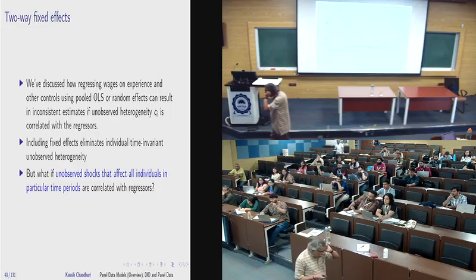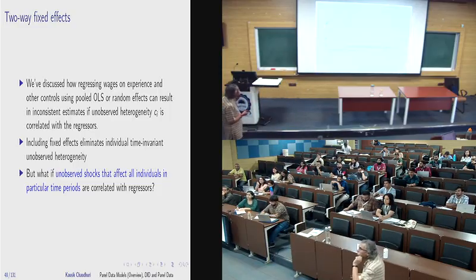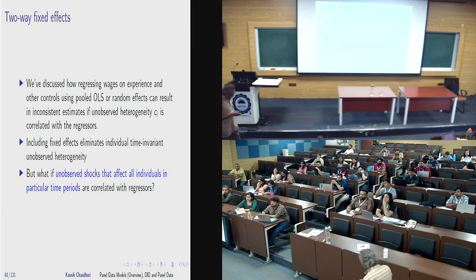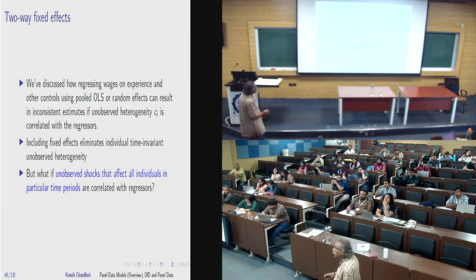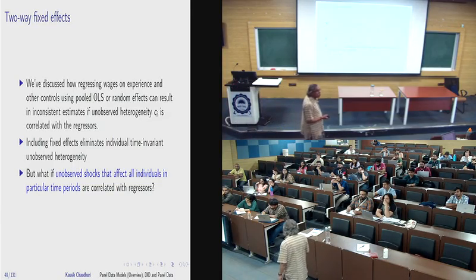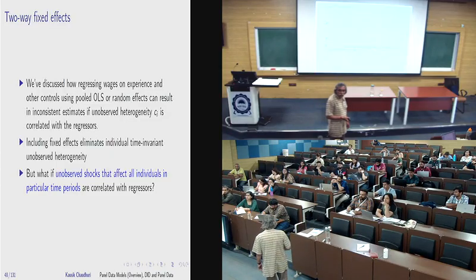Note what we have done so far: we include the fixed effect at the individual level to get rid of individual time-invariant unobserved heterogeneity. My issue then is if the unobserved shock that affects all individuals in a particular time period is now correlated with the regressor. What do I mean by that?